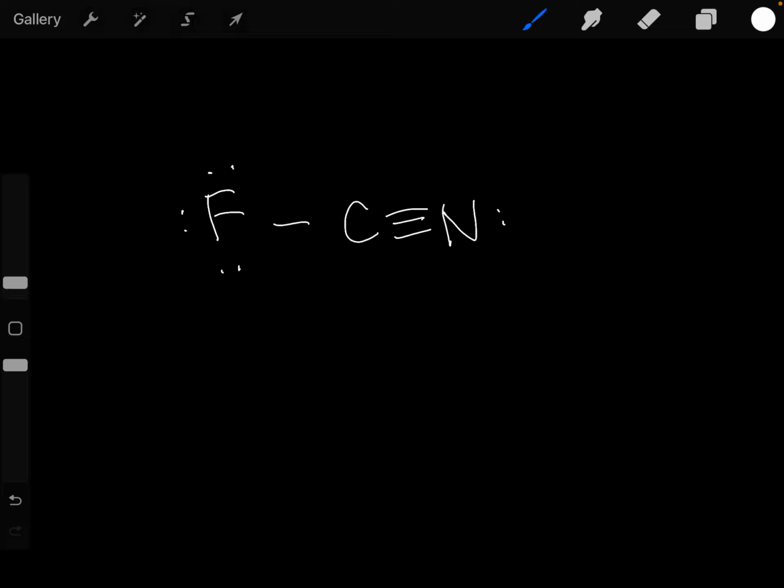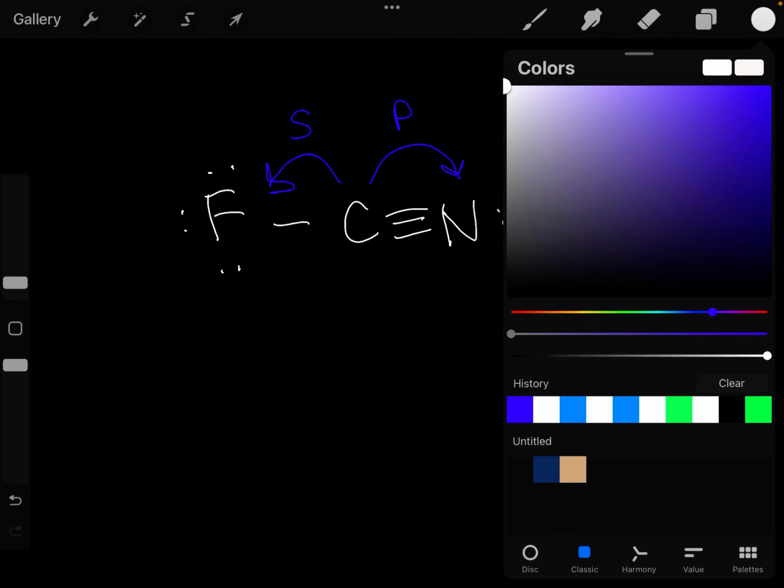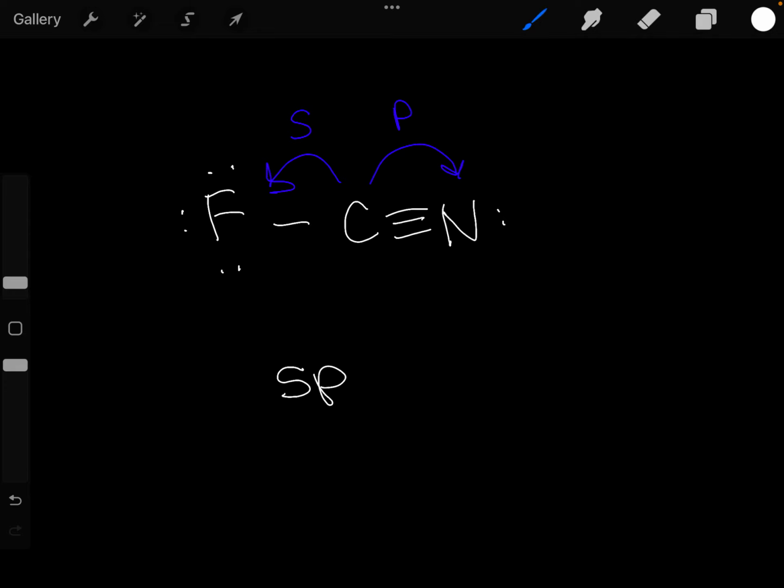So let's first look for S, which is the S orbital. We start off with this connection, S, and then this connection, which is P. So the hybridization for this one would be SP. That's easy, right? It's really similar to sigma bonds, to be honest.